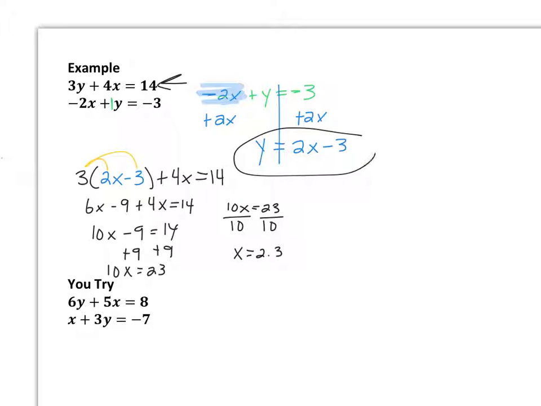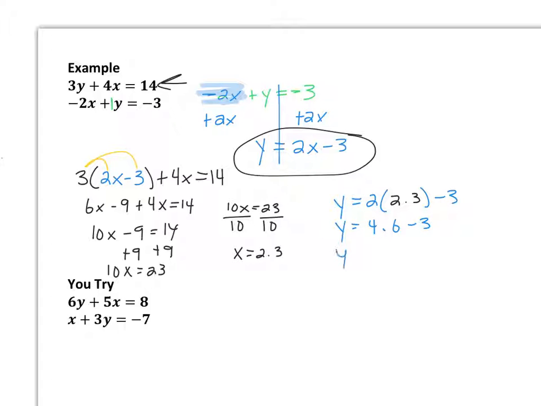Now that we have solved for x, we can use that value of x in our equation for y, y equals 2x minus 3, to find our value of y. So we'll go back to that one. y equals 2 times x. Well, now we know x is 2.3, minus 3. So y equals 2 times 2.3, which is 4.6, minus 3.